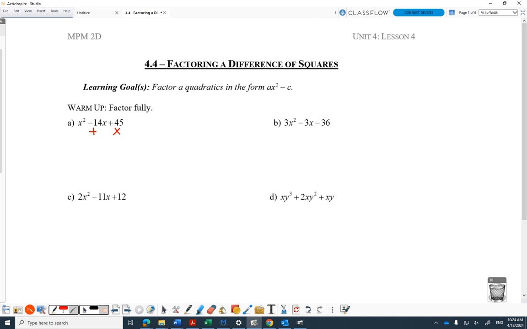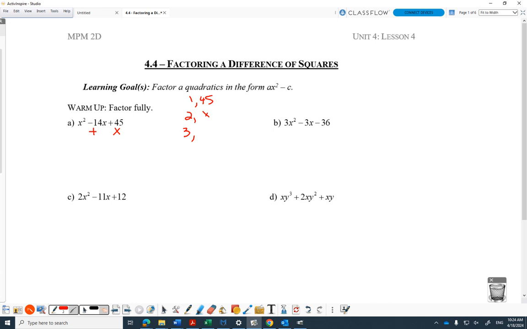So I'll continue to show the strategy. The strategy is to go, okay, well, 1 and 45 multiplies to 45, but doesn't add to 14, clearly. 2 doesn't divide into 45. Hopefully, you don't need a calculator for that. It's not even, so it's not going to work. 3: if you're stuck, ask what multiplies with 3 to get 45?